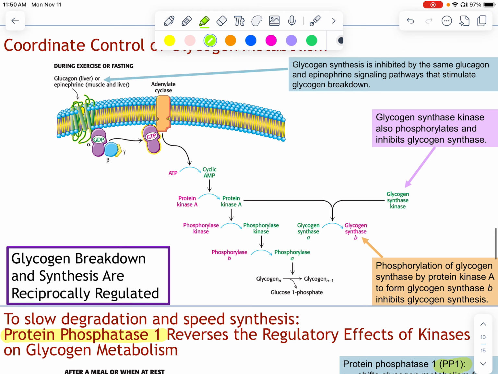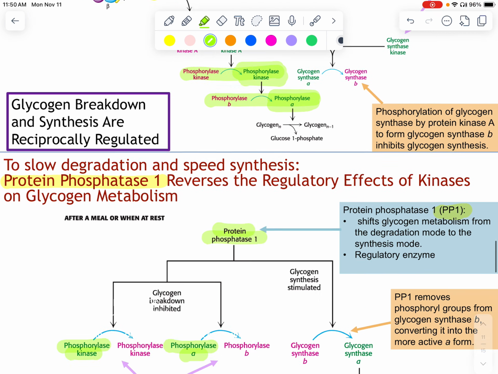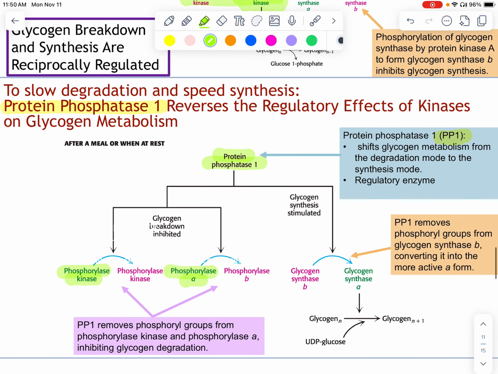Let's come back up here. So remember that that was right here and right here. Those were the things that caused us to break down the glycogen. So we are deactivating the one that directly breaks down the glycogen. And if we're deactivating that, we don't want to keep reactivating it. That would be a waste of effort. So we pull phosphates off both of those and slow that degradation process.